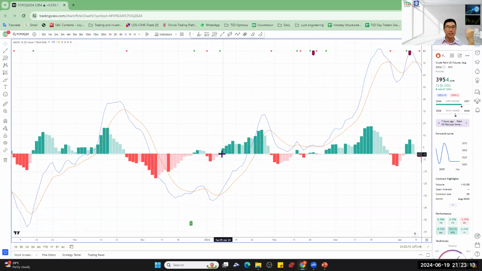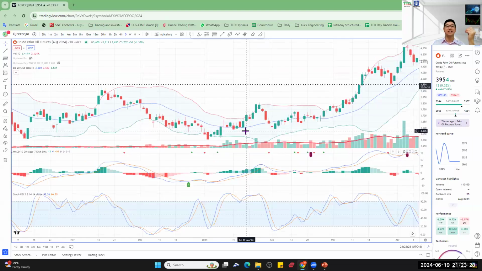This is considered bullish. But if you want to be very, very bullish, then you have to wait for these two lines to go above this so-called zero line. This is the period the commodity or the stock or the index is considered more bullish.